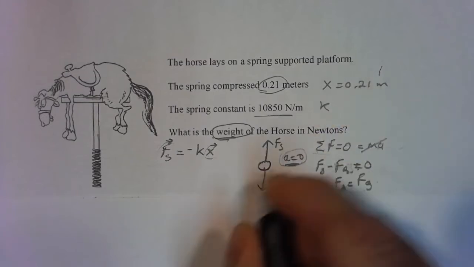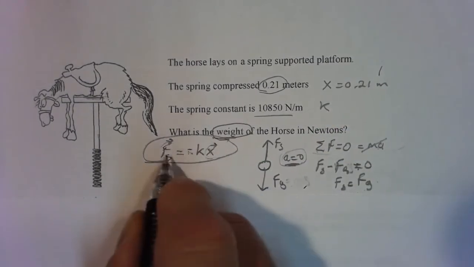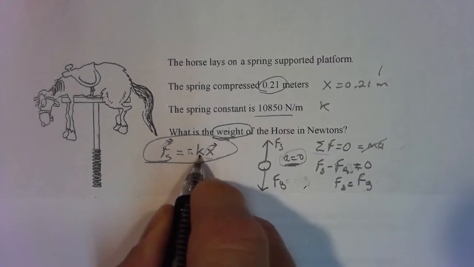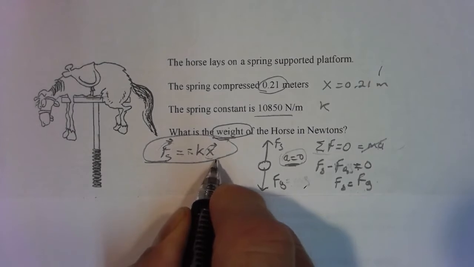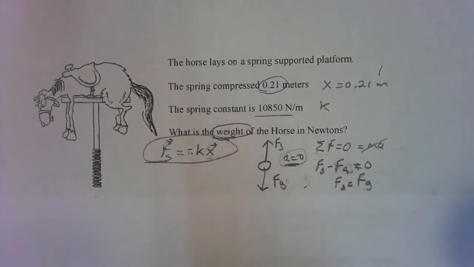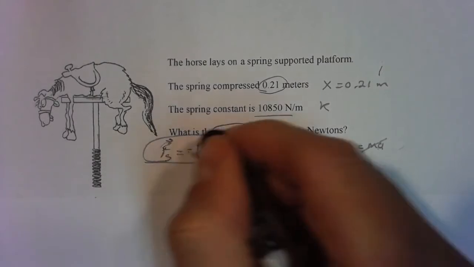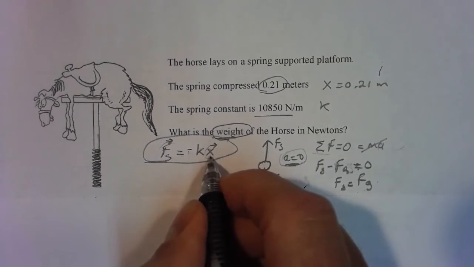Well, the spring force is found here. Now this negative is only used when you use this equation alone and you put in directions of the compression and force. I recommend you just use your head. You think about it to determine the direction of the spring force and the direction of the compression.